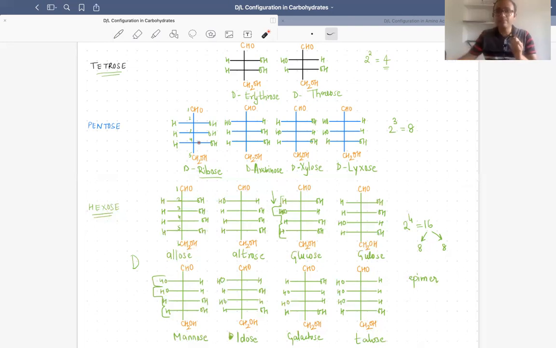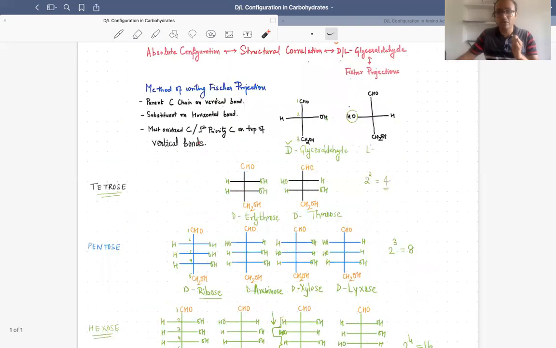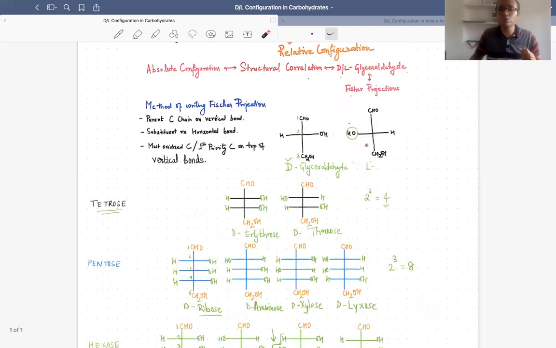Remember an important point which I already taught you: whenever you are using the D and L configuration, it is important that you represent the molecule in the Fischer projection formula. That is very, very important, otherwise you might get it wrong. If you are given a wedge-dash formula and asked to predict the D and L configuration, please first convert it into a Fischer projection and then decide.